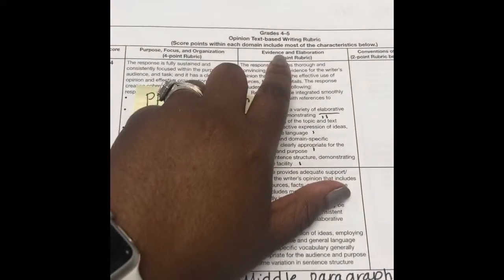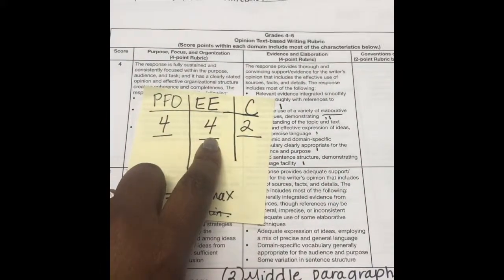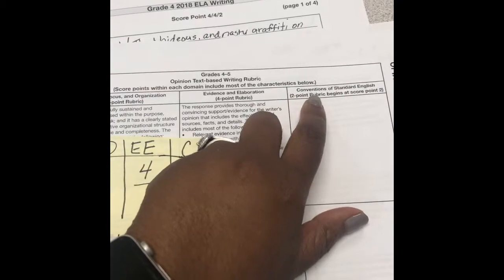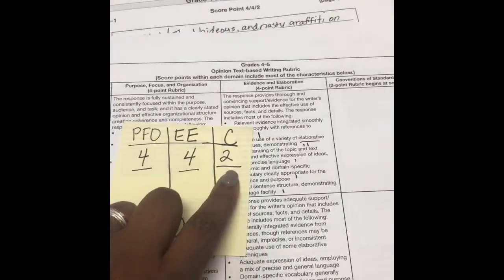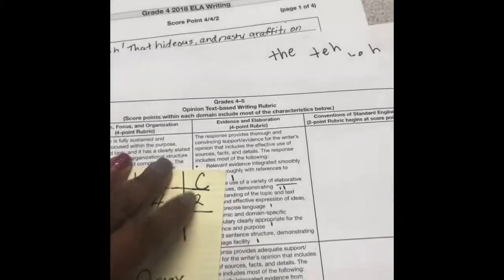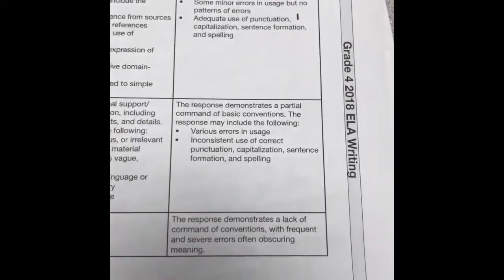The second section is Evidence and Elaboration, and they can also get 4 points. And there's a Conventions of Standard English rubric, and the max points for that is a 2. Notice there are no descriptors under 4 and 2 for this rubric, but here's our conventions rubric here.